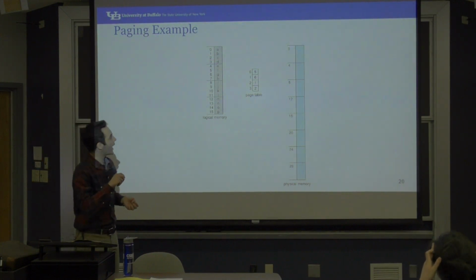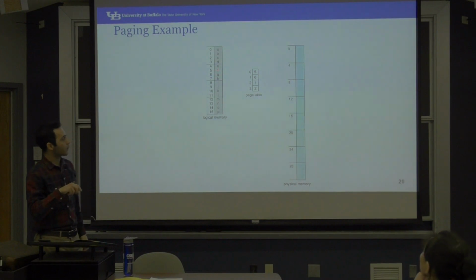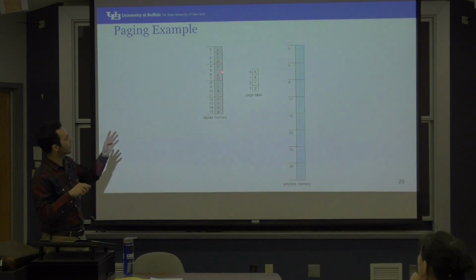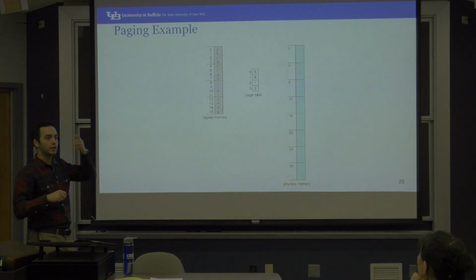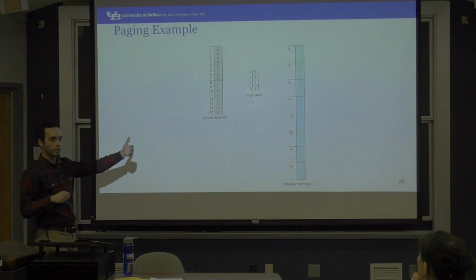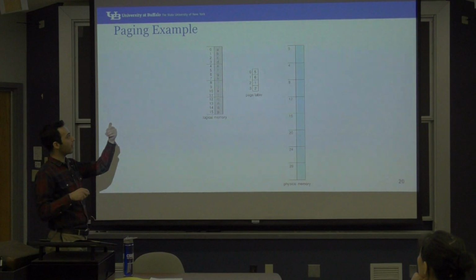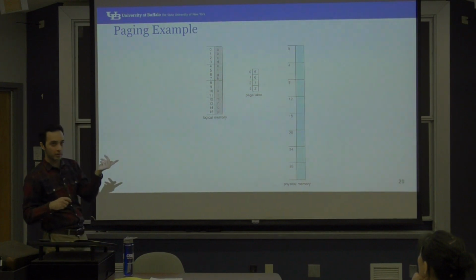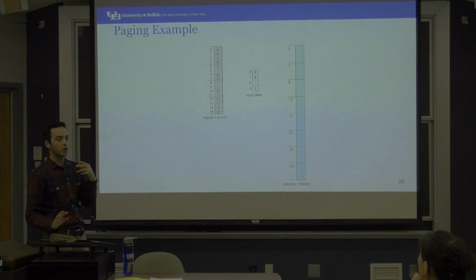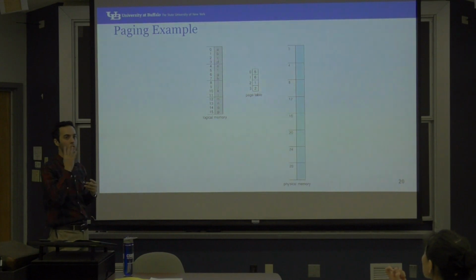Now, when we address, for example, this, let's see how it's mapped. Let's take 9. The address 9 is 1001. Because we have 4-byte pages, within each page we need 4 addressable locations, so we need 2 bits.